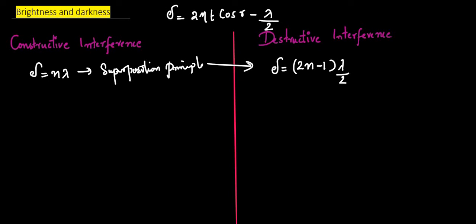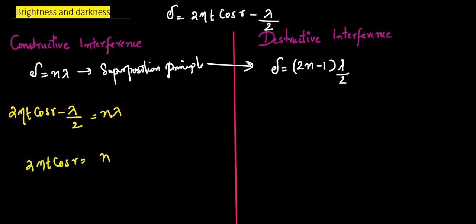For constructive interference I have 2 mu t cos r minus lambda by 2 equal to n lambda. That is 2 mu t cos r equal to n lambda plus lambda by 2.